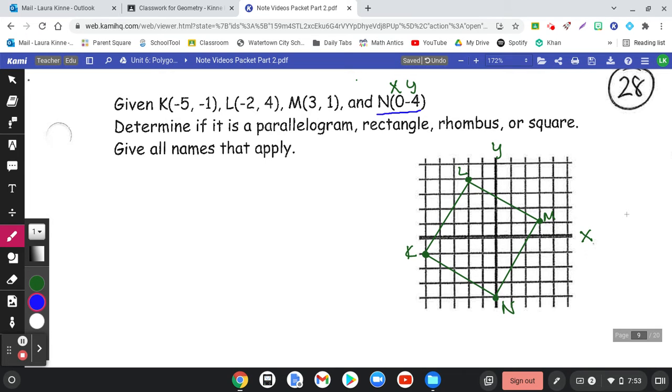All right, so we want to determine or prove that it's a parallelogram, rectangle, rhombus, or square. Give all the names that apply. So again, you've got options. So if you want, we can do, again, I typically do 4 slope and then the 2 slope for the diagonals, but you can really do whatever you want. If you just want to do the diagonals, you can, like we did before.